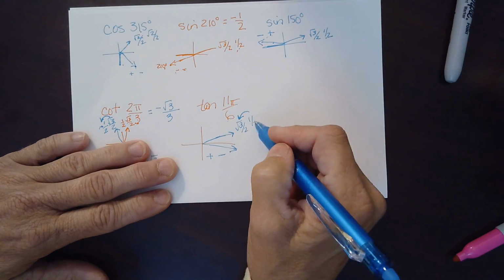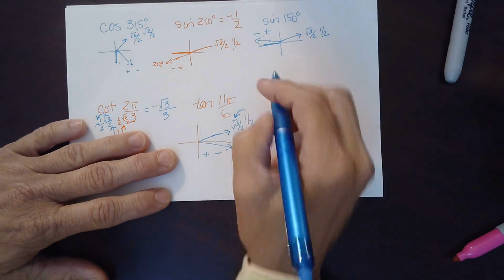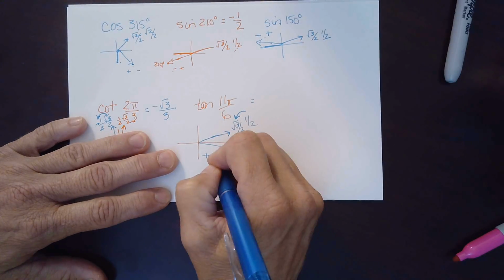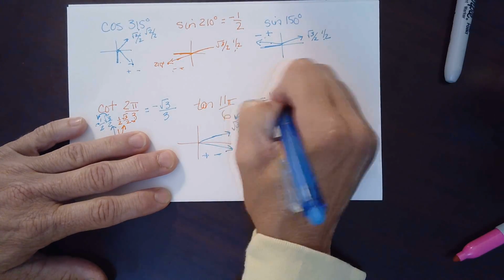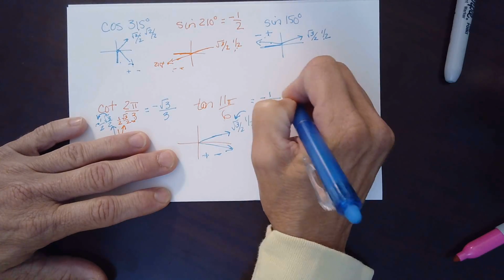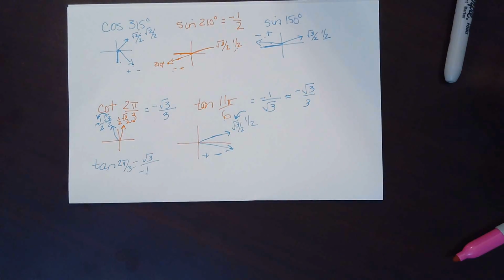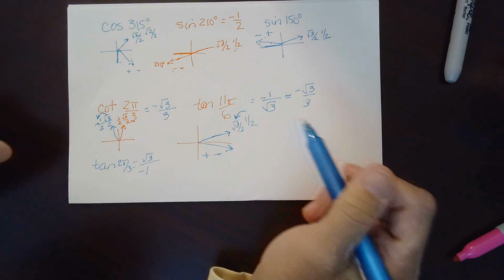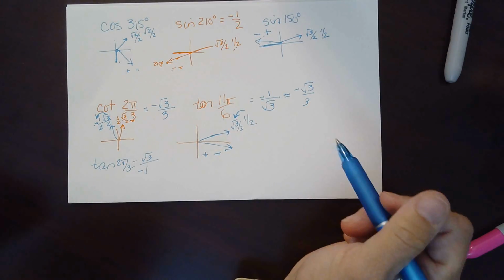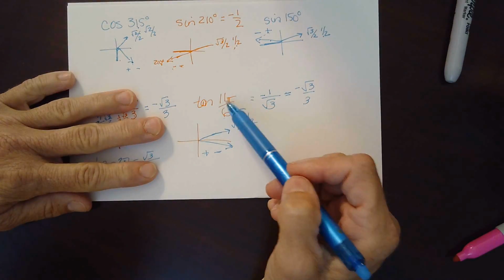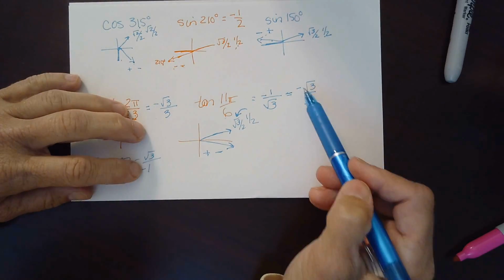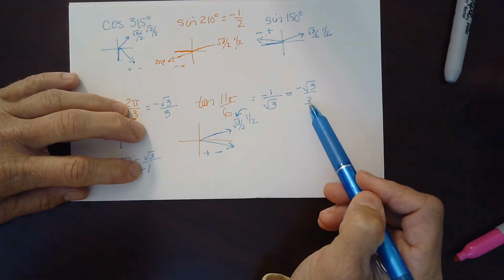Yes. So sine over cosine will be negative 1 over the square root of 3, which then rationalizes to negative square root of 3 over 3. Whenever I have tangent and cotangent, I really stop to think and make sure that I've used the correct way to identify that. Okay, so tangent of 11 pi over 6 is negative square root of 3 over 3.